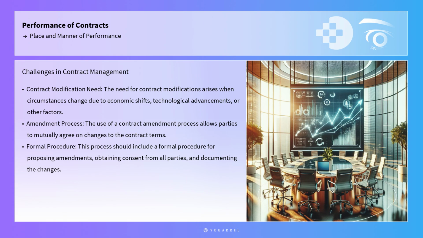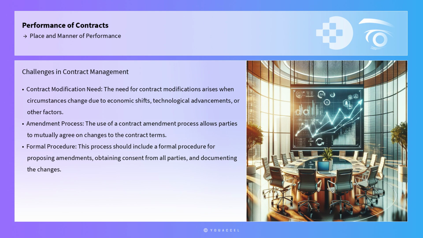Another challenge is the need for contract modifications when circumstances change. Whether due to economic shifts, technological advancements, or other factors, contracts may need to be adjusted to remain viable. The use of a contract amendment process is a practical tool that allows parties to mutually agree on changes to the contract terms.